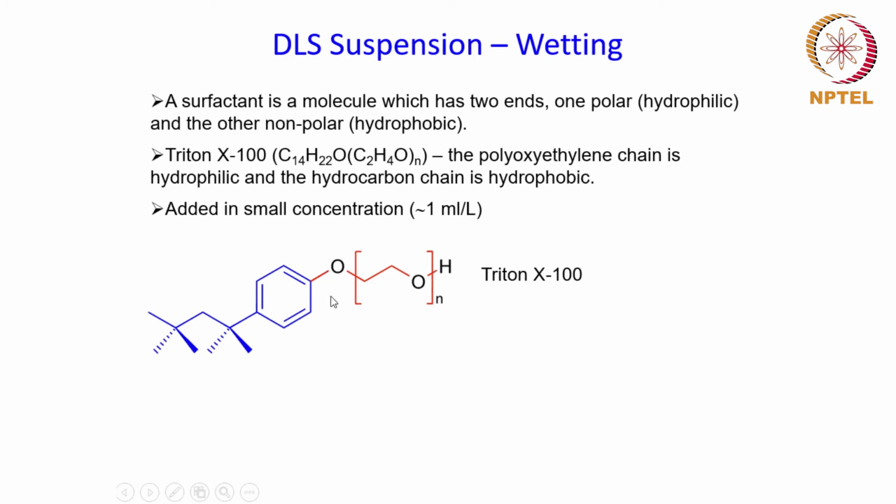For example, Triton X 100. Here you can see these two ends which are colored in different colors. The red end is basically the polar hydrophilic end, and the hydrocarbon chain that you see on the other end is the non-polar hydrophobic part.